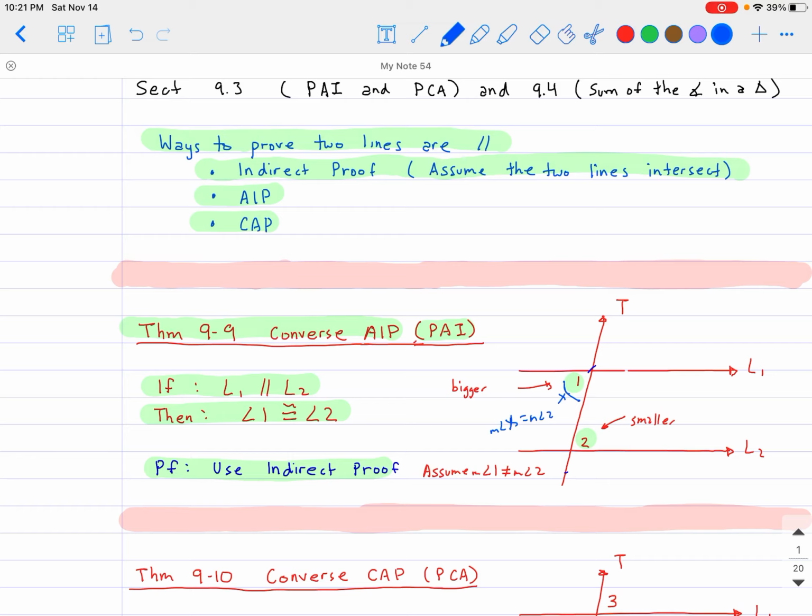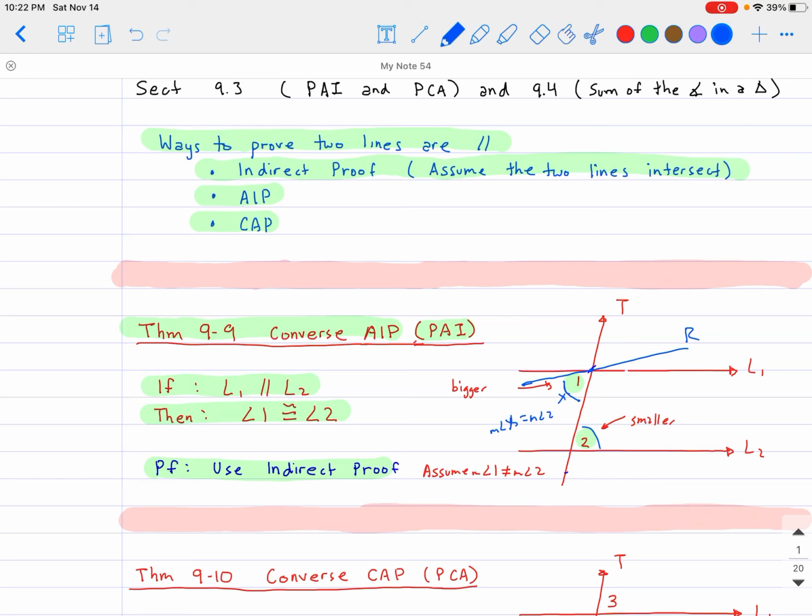Now, since angle x is congruent to angle 2 by this construction that I made, I can now go ahead and use AIP in this case to form a line that is going to be parallel to line 2. So this line right here, we're going to call it R. According to AIP, R should be parallel to line 2.